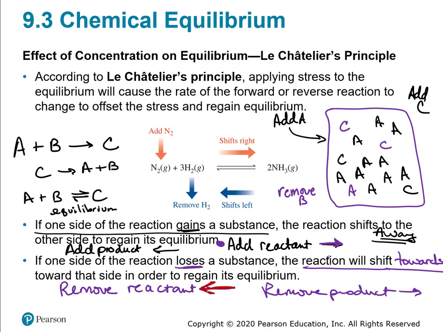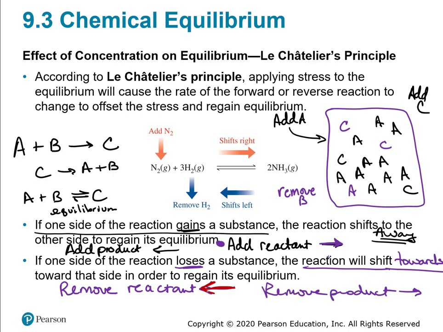This would be A and B together, and this would be C. So if I had a double displacement, then that would be A and B, that could be C and D. So this would be kind of the arrow. Everything that's a product is on this side, everything a reactant is on this side, everything that would be a product would be in that container.